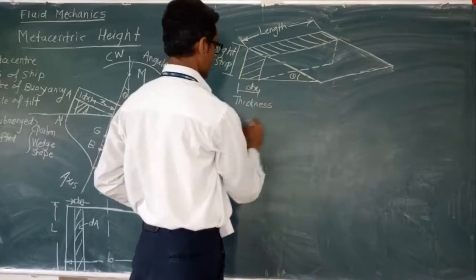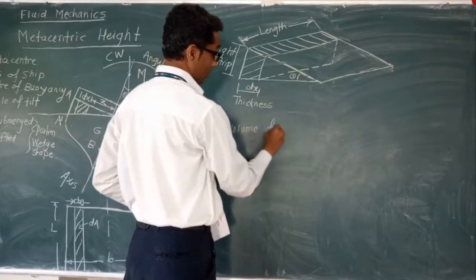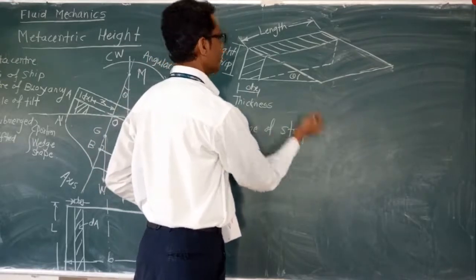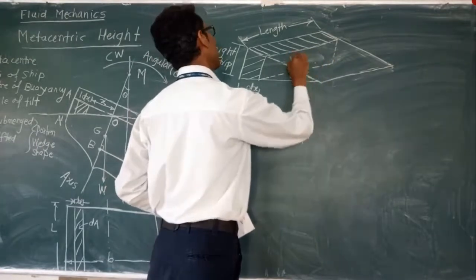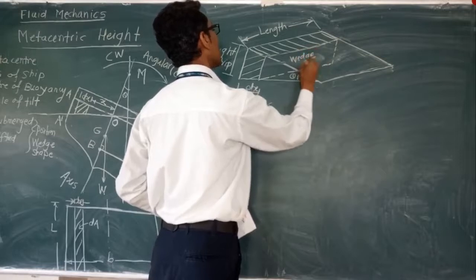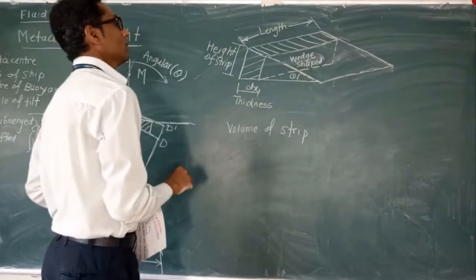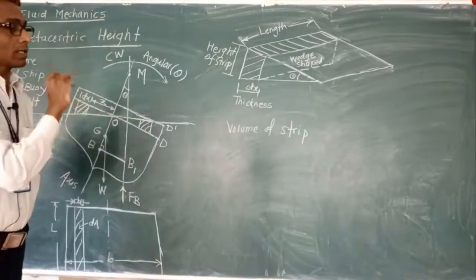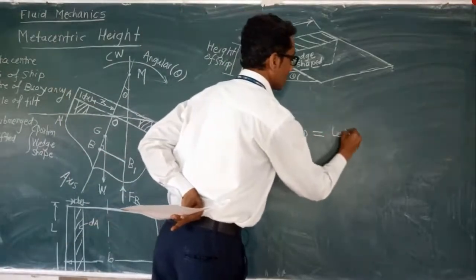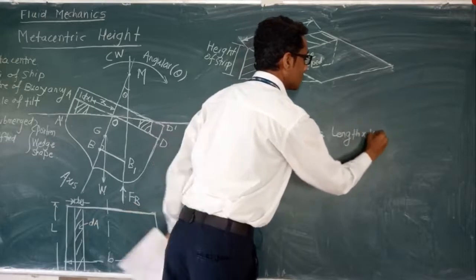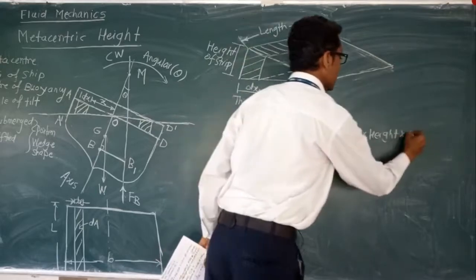So we can have here the volume of this strip, but we call it a wedge shaped element. Now we need the wedge volume of the strip, that is length into height into thickness.